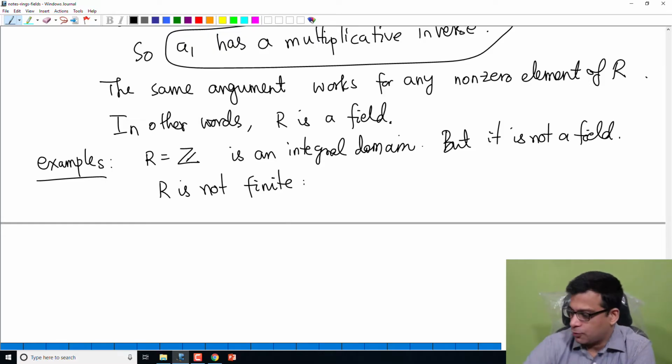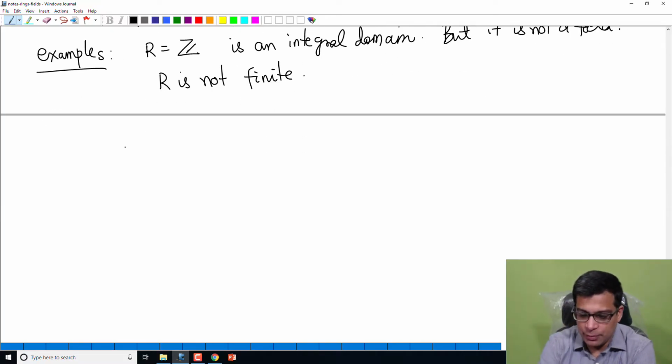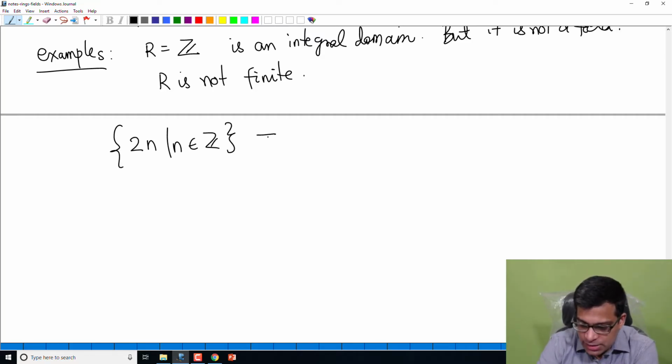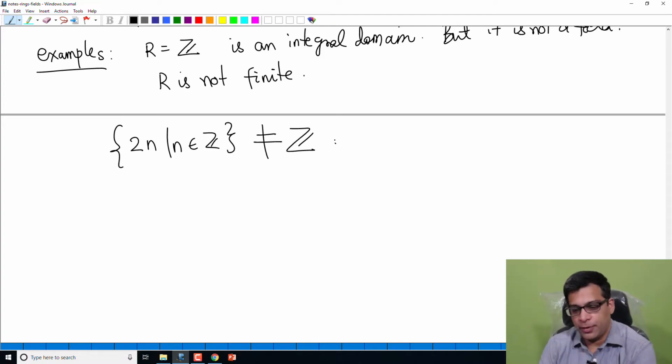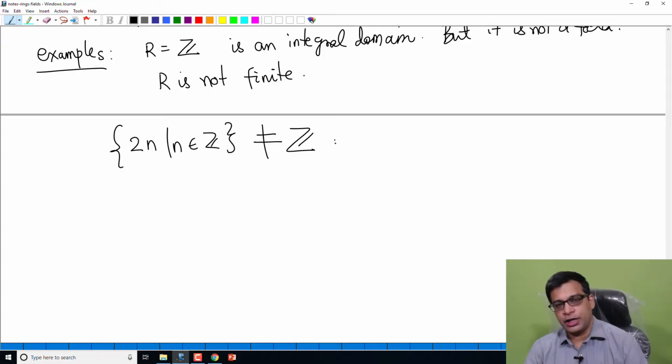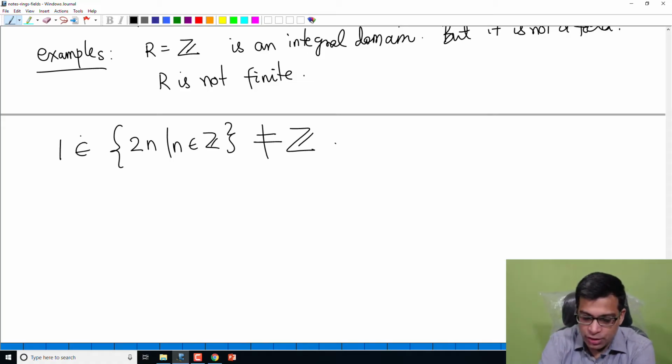So the previous argument won't work here, because for example, if you multiply every element of the integers by 2, you get 2n, where n is in Z. This is not equal to Z. When you multiply all elements by 2, you also get an infinite set, using the previous problem's argument, but it's not equal to Z. So 1 is not in this.